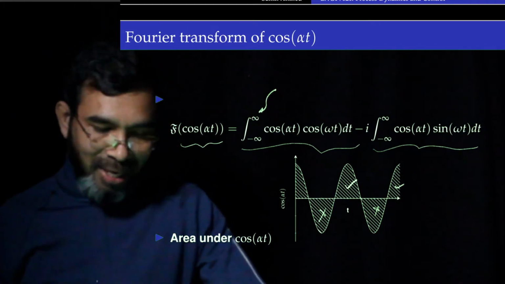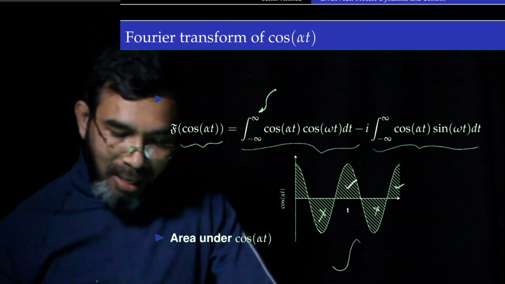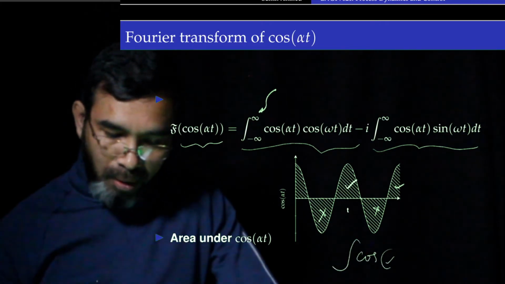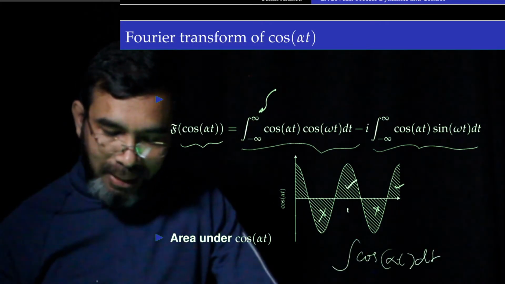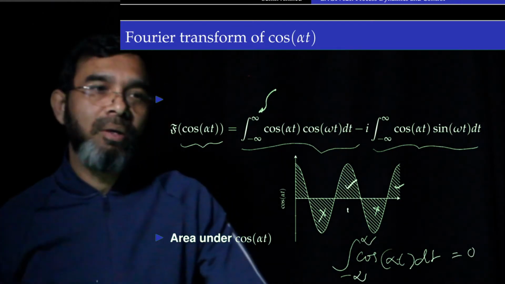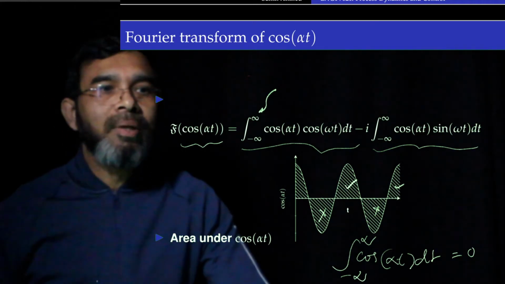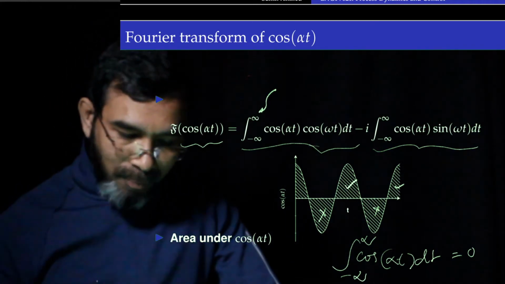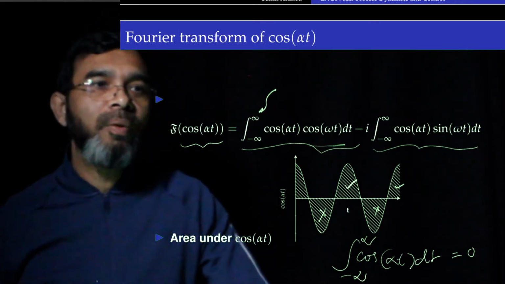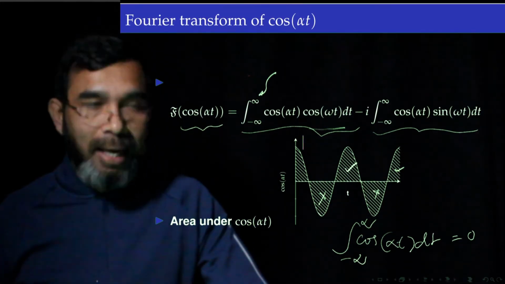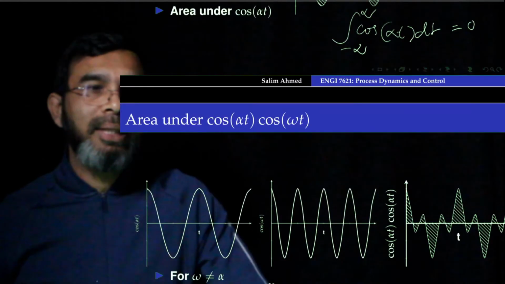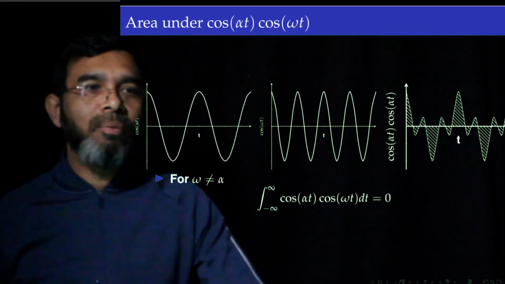All these terms will cancel out, meaning that the integral of cosine alpha t dt over the entire horizon, negative infinity to infinity, becomes 0. Okay. So now let's look at what the values are for these terms when, instead of taking a regular integral, you take a weighted integral. Now take a look at this first term.